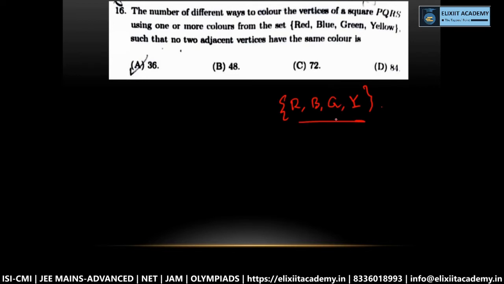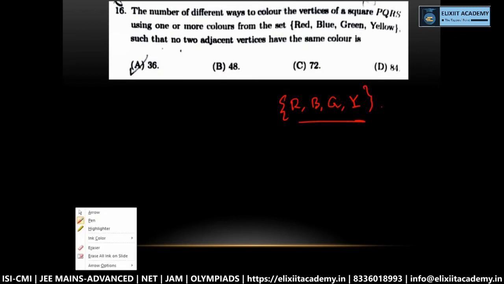We have to find the number of ways to color the vertices of the square using one or more colors from this set, such that no two adjacent vertices have the same color.